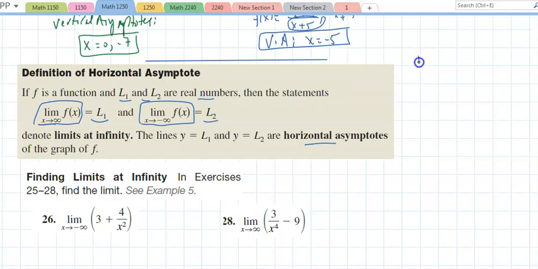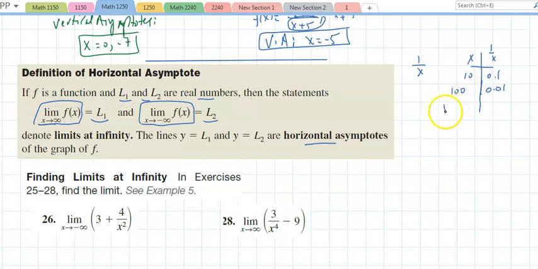Now, something I need to show you. If I look at a number over x, I'm looking at x approaching infinity or negative infinity. If I look at x equal 10, 1 over 10 is 0.1. If x equals 100, 1 over 100 is 0.01.